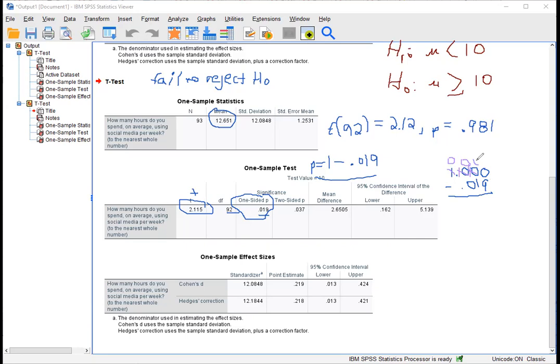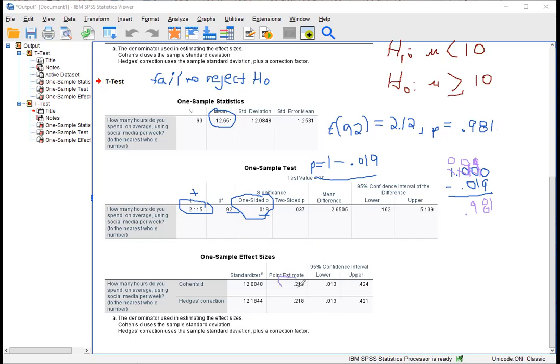That's a 9. We make this a 10. This is a 9. We just move 10s over. This is a 9. This is a 9. And this is a 10. 10 minus 9 is 1. 9 minus 1 is 8. And 9 minus 0 is 9. So here it is. p equals 0.981.